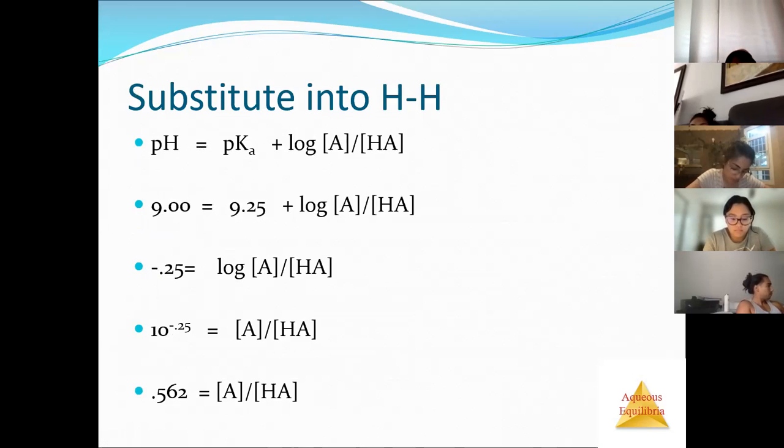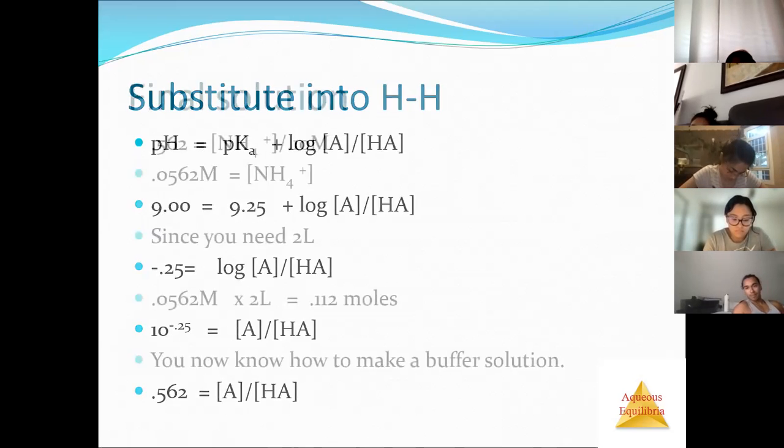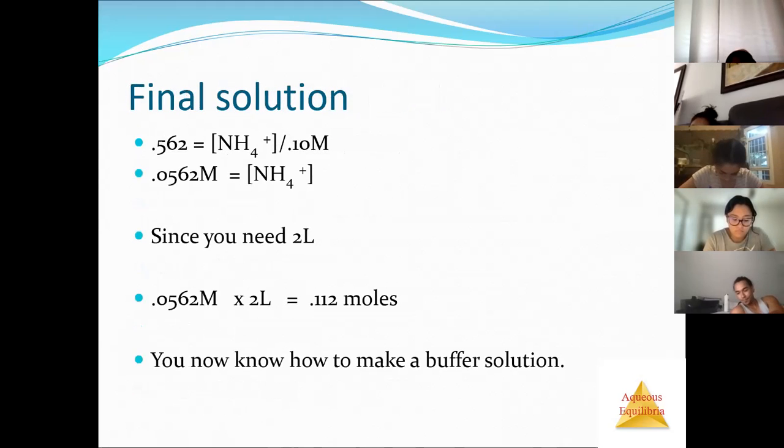In order to get rid of the log term, I have to take 10 raised to the minus 0.25 power. 10 to the minus 0.25 is equal to 0.562. That's equal to my concentration of NH4+ divided by NH3.